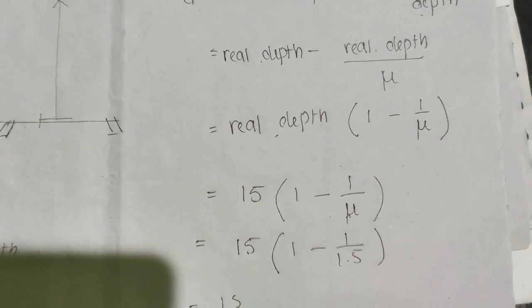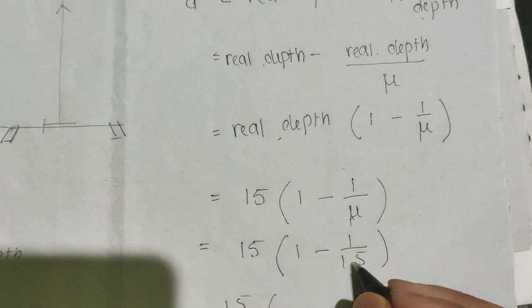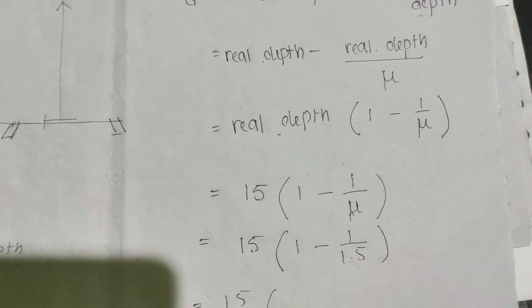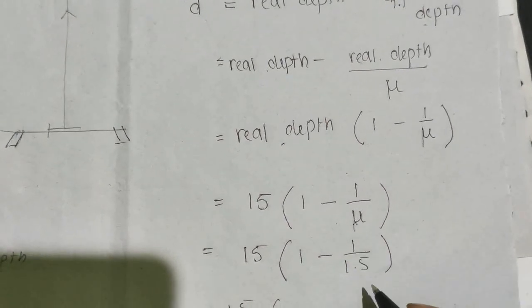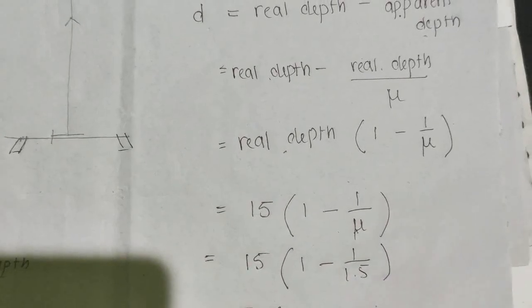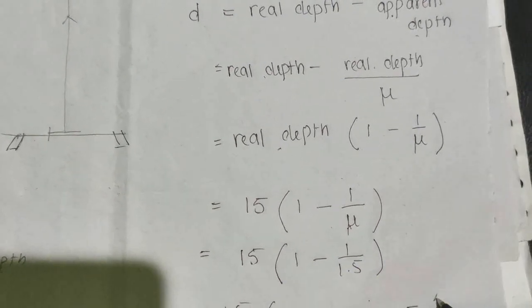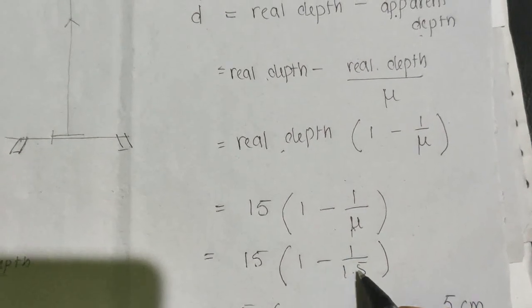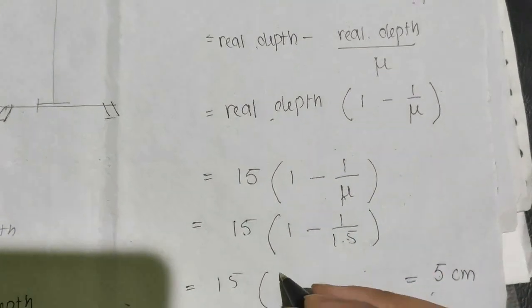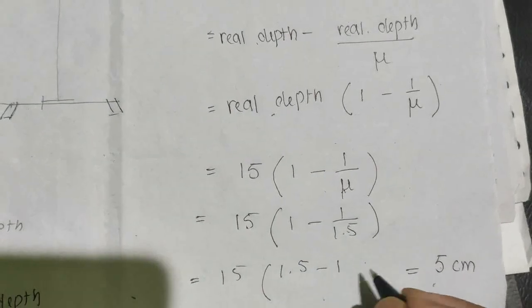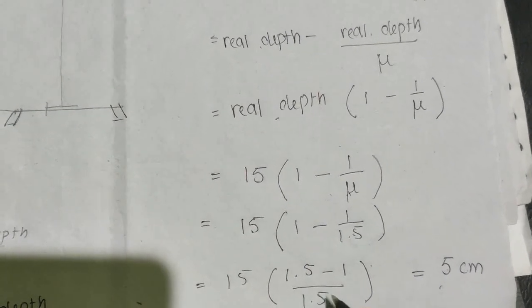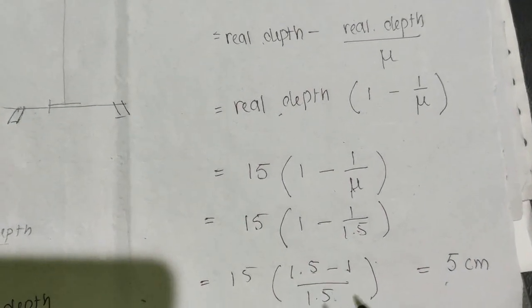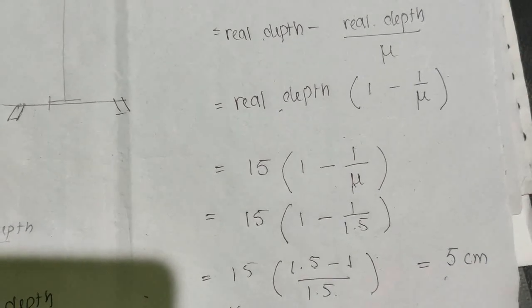Okay, here you can take the LCM. So this will become 1.5 minus 1, which is 0.5. 0.5 divided by 1.5 equals 1 by 3. 15 into 1 by 3 equals 5 centimeter. Those who have confusion, first let's take the LCM: 1.5 minus 1 divided by 1.5. Clear? What is 1.5 minus 1? It is 0.5.